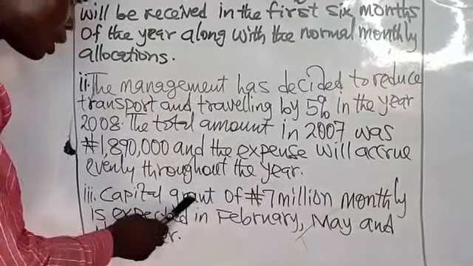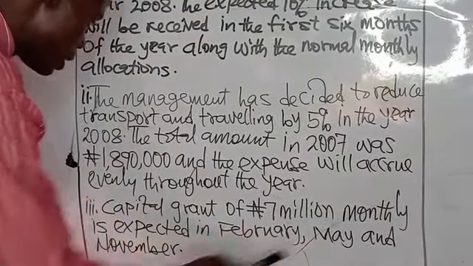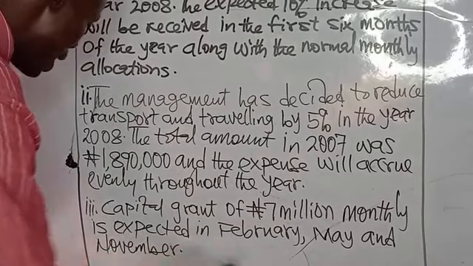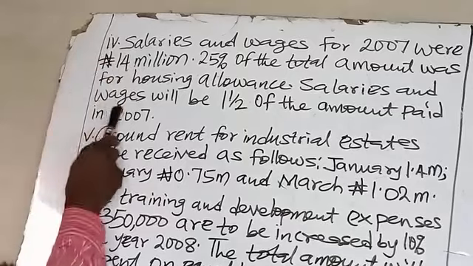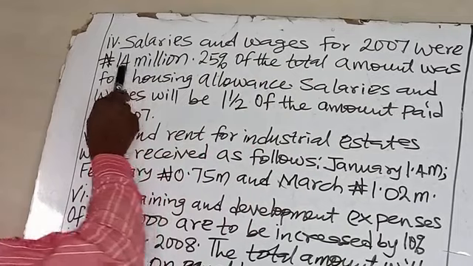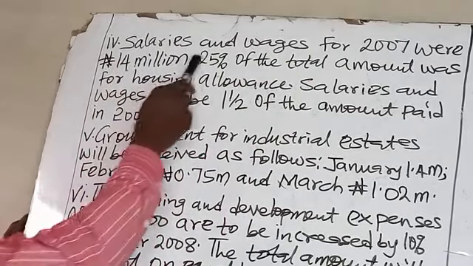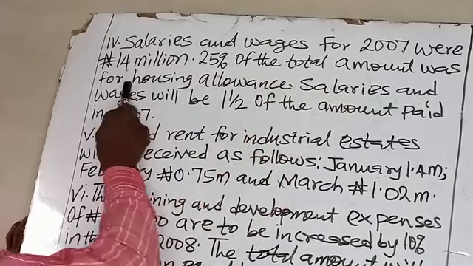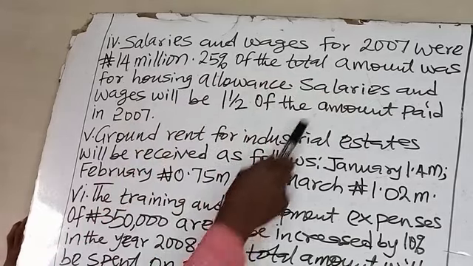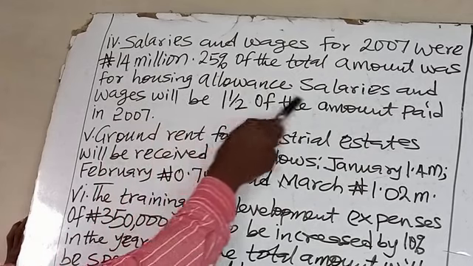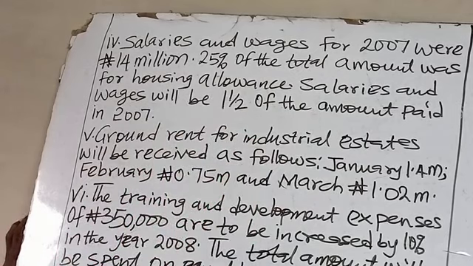Capital grant of 7 million naira monthly is expected in February, May, and November. Note 4. Salaries and wages for 2007 were 40 million naira. 25% of the total amount was for housing allowance. Salaries and wages will be 1.5 of the amount paid in 2007.